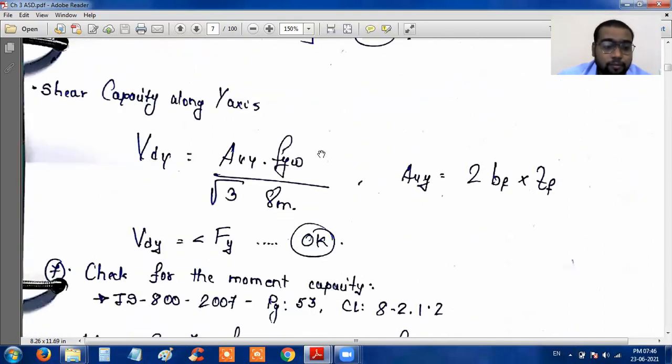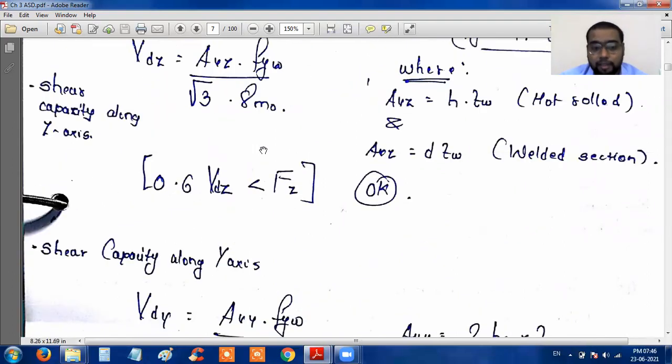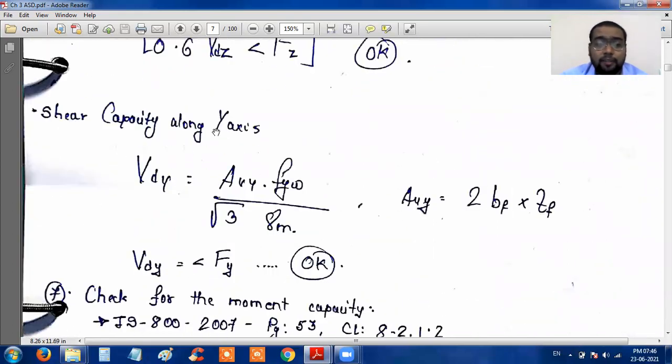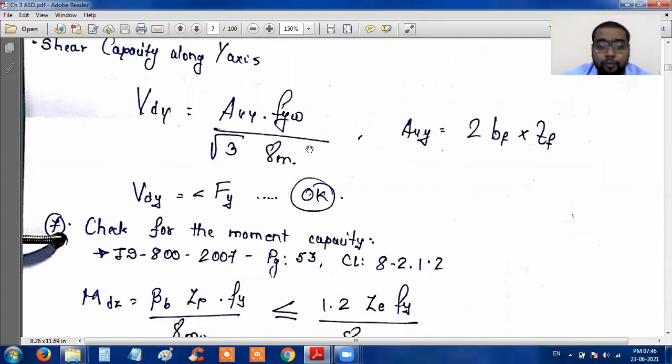Okay, then the shear capacity along the y direction. Here the shear capacity was along the z direction, and here we will calculate along the y direction. The formula is Avy into Fyw upon root 3 into gamma m. Gamma m is the partial safety factor for the material, and we calculate Avy as Bf into Tf into 2.